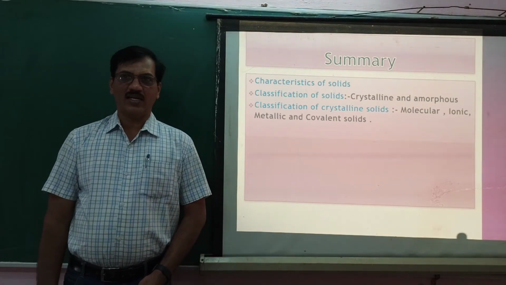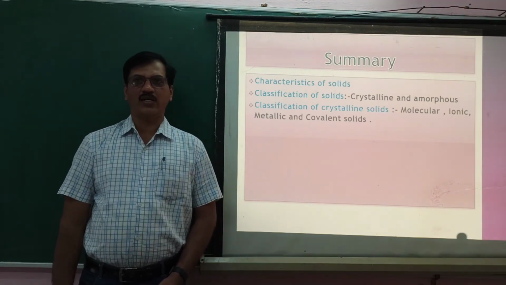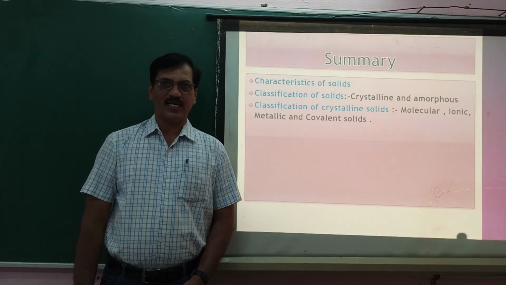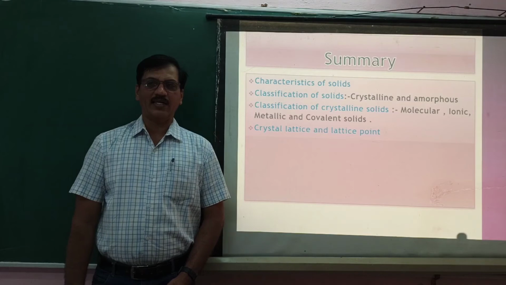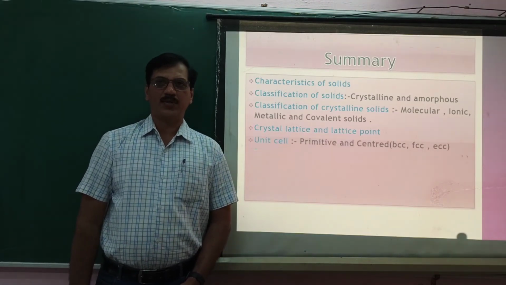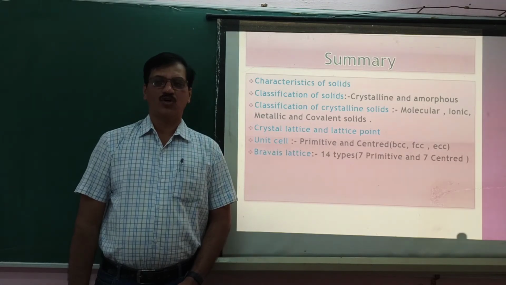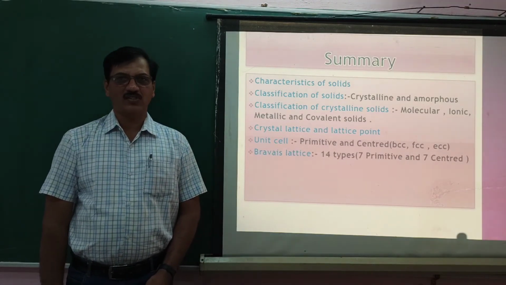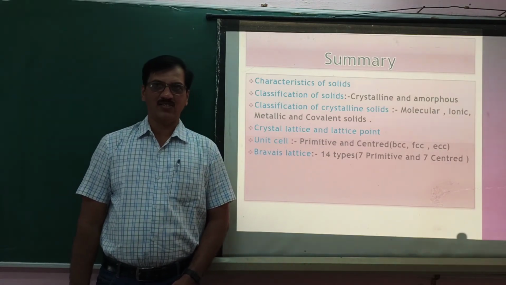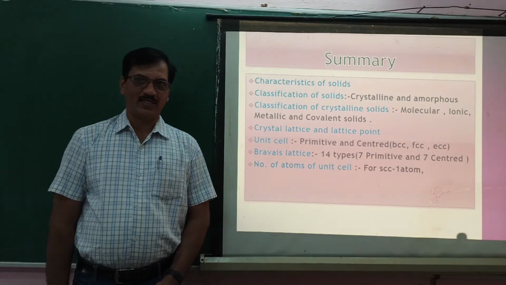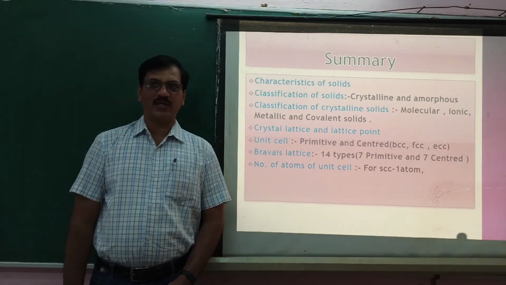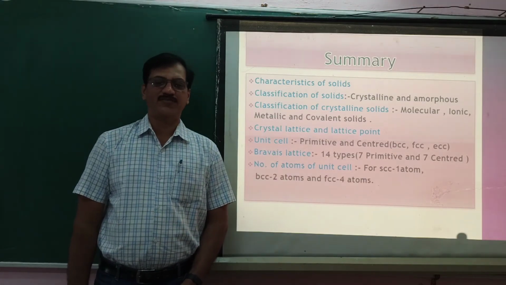The crystalline solids may be molecular, ionic, metallic, and covalent, based on the kind of interparticle force of attraction. We have seen what is meant by crystal lattice and lattice point. The unit cell may be primitive or centered, that is BCC or FCC. There are 14 types of Bravais lattices, 7 primitive type and 7 centered. The number of atoms per unit cell for simple cubic is 1 atom, BCC 2 atoms and FCC 4 atoms.